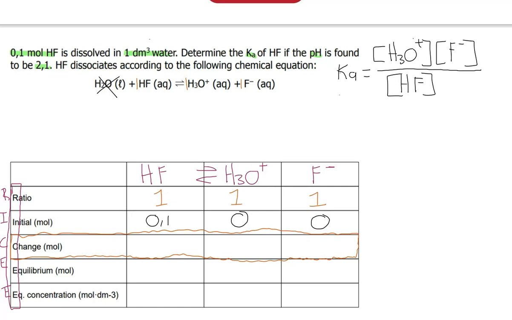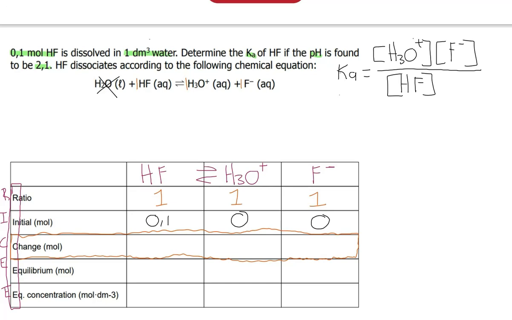Now, you know from what you have done in class and what you've memorized, and by looking at your formula sheet, that you can use the pH that they're providing to figure out the hydronium concentration at equilibrium. And if you figure out what the hydronium concentration is at equilibrium, we can backtrack that into figuring out one of the changes, and then we're going to use this mole ratio to figure out the rest of the changes. So let me quickly demonstrate.